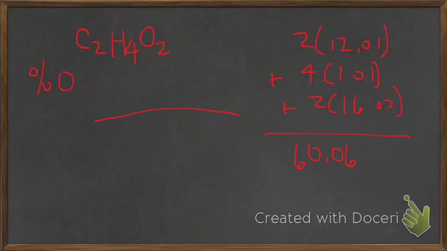So to find the percent oxygen, what we need to do is take 2 times 16.00, divide that by 60.06, times 100.